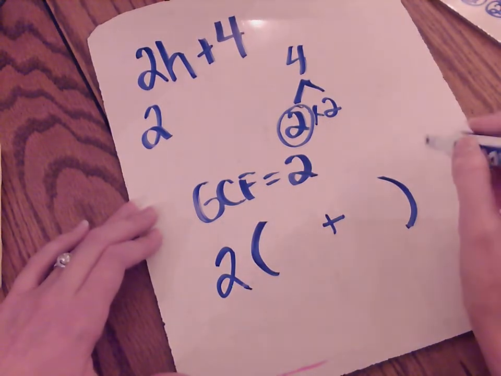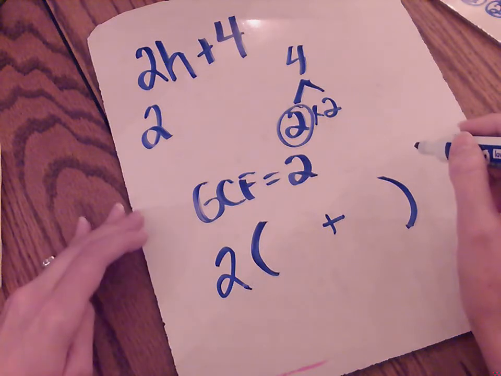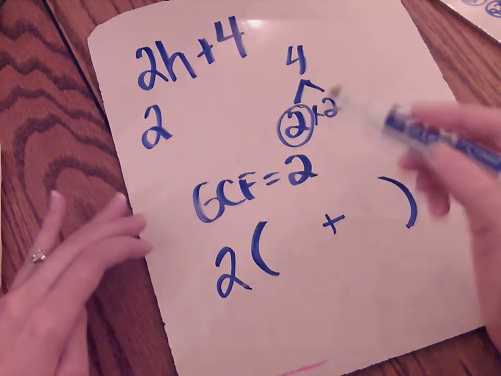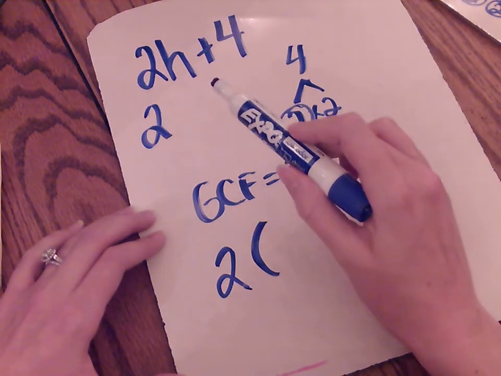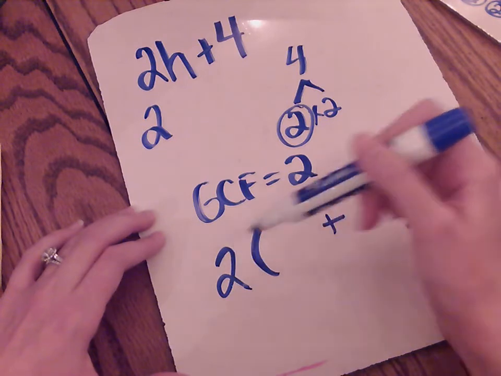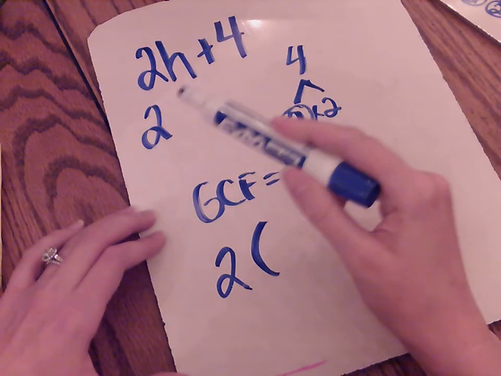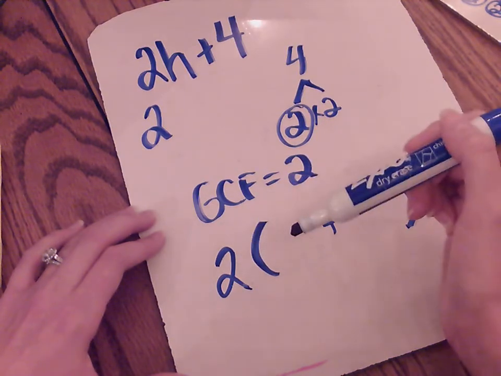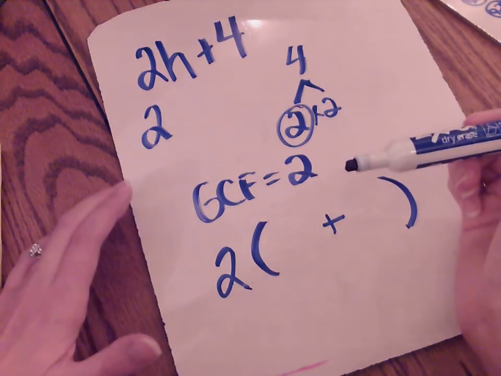Greatest common factor will always go on the outside. Now I need to work backwards. I need to think back to my original expression, and if I were to do the distributive property, I need to end up back at 2h plus 4. So I'm asking myself, well, 2 times what is going to get me 2h?